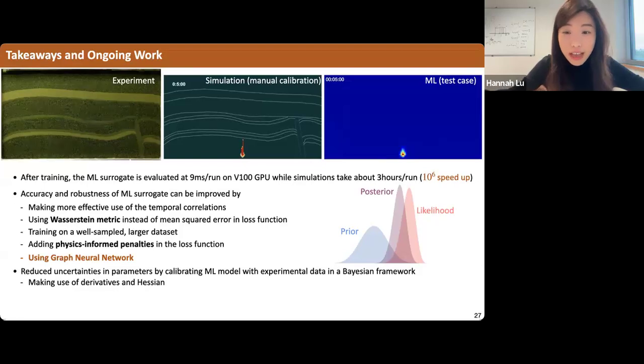And hopefully the accurate machine learning surrogate will ultimately allow us to do sensitivity analysis and better model calibration and history matching with experimental data, which would not be possible without machine learning surrogates.